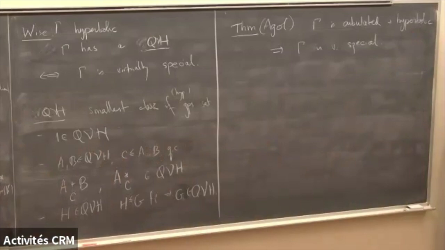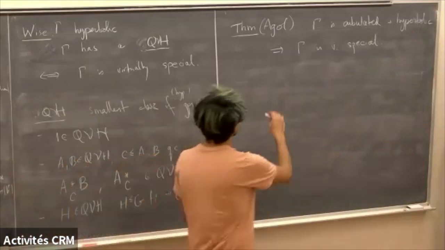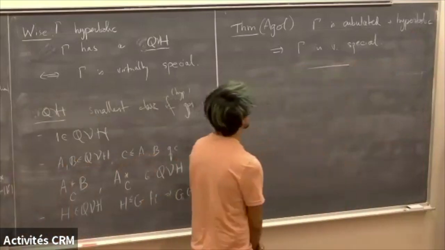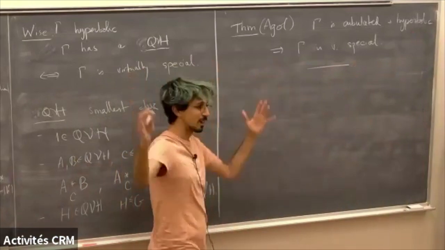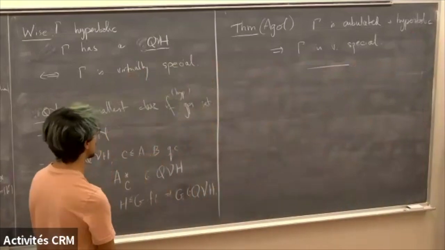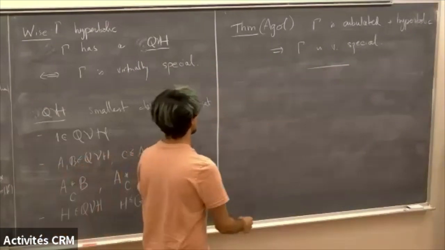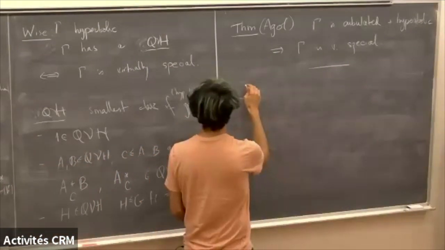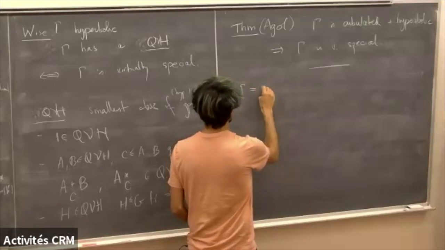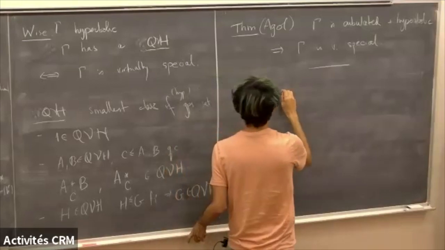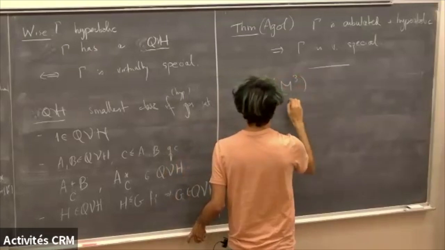And this story will not be complete if we do not give some applications. The big application that made this whole theory such an amazing success story is the case where gamma is the pi1 of a hyperbolic three manifold.